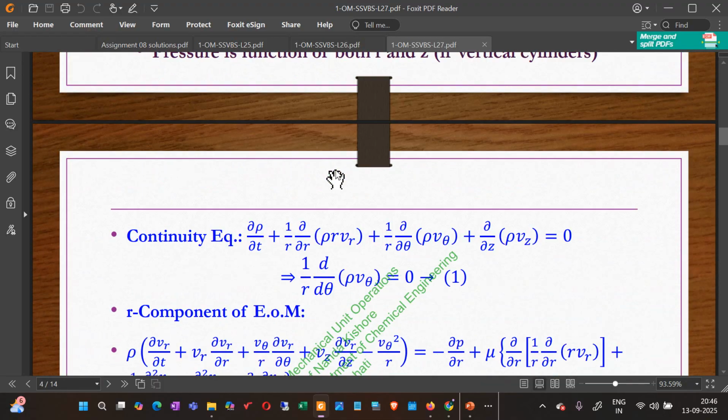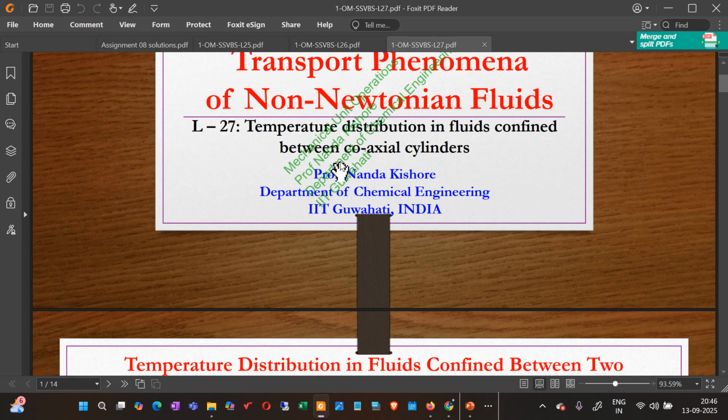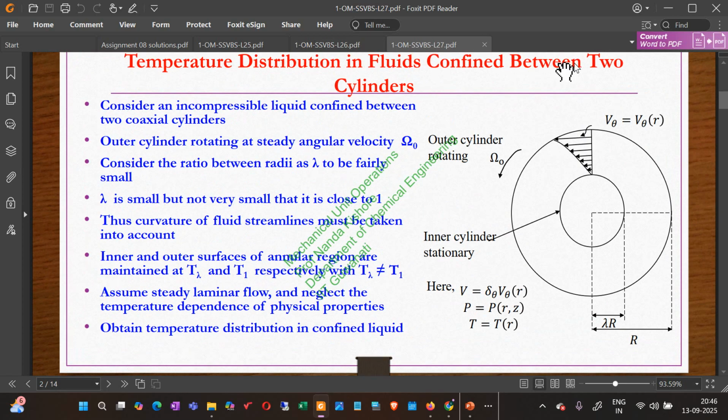So this is important because here the curvature effects are considered, but last week we have not considered curvature effects. So the temperature distribution in the fluid confined between coaxial cylinders, again it is similar to that one, but here we consider an incompressible liquid confined between two coaxial cylinders.